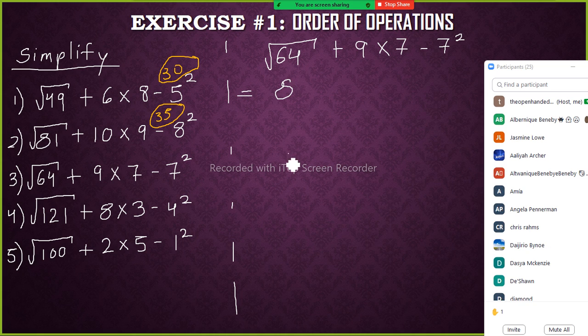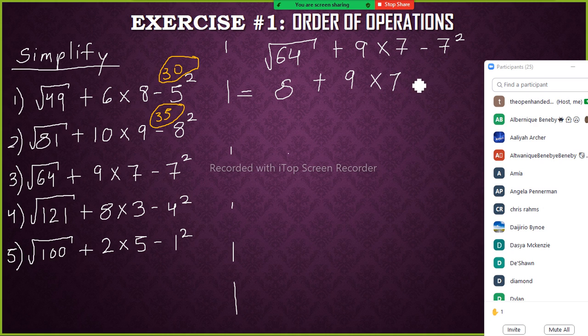That's 8, plus 9 times 7, minus, what is 7 squared? That's what? 49. 49, very good. And then we do 9 times 7. What is 9 times 7? 63. 63, very good.